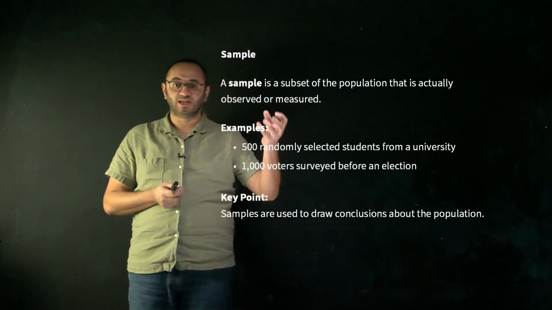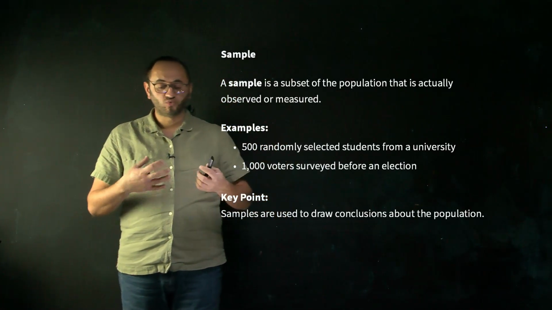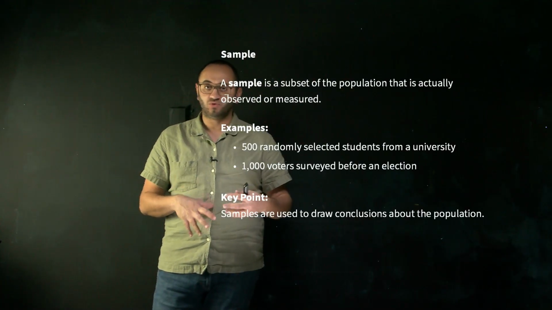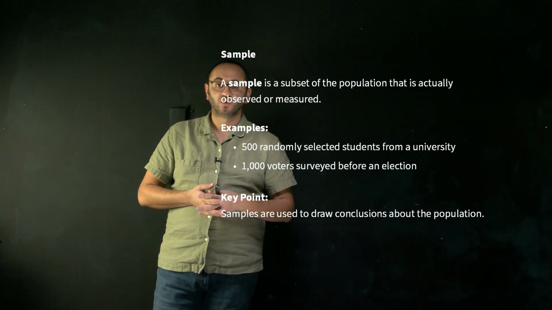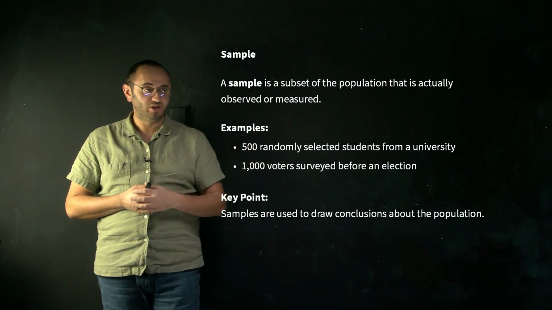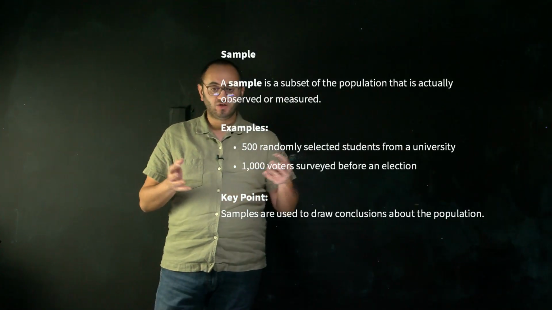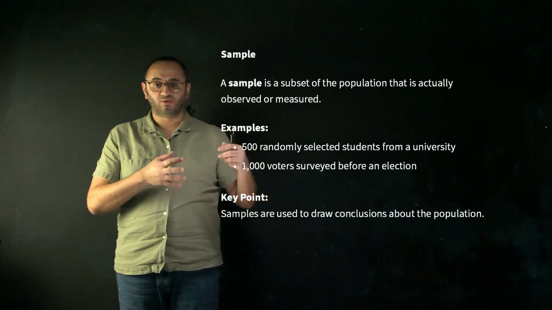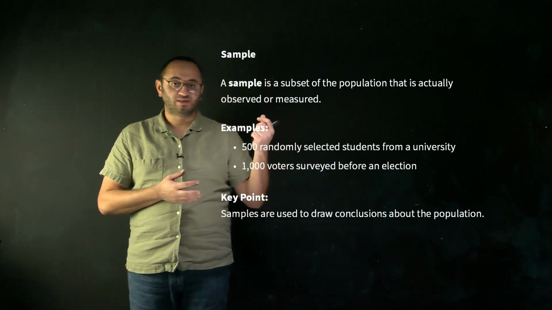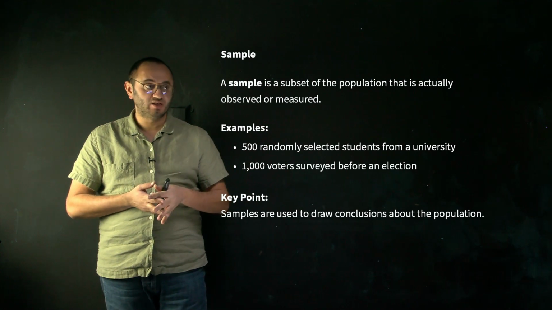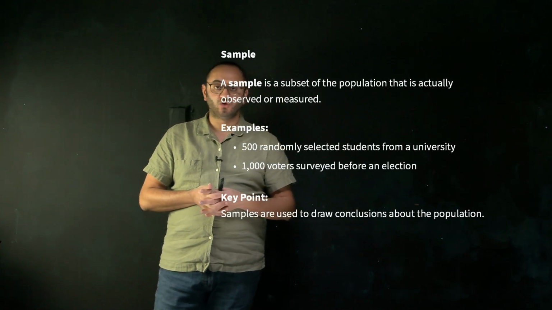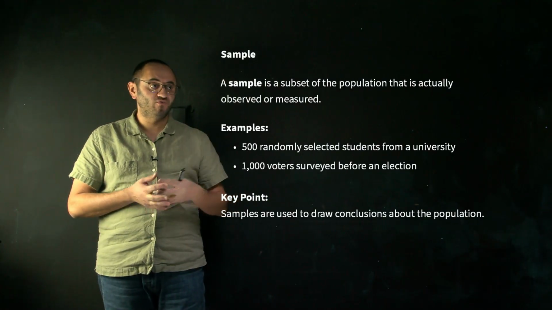So we take a sample from that population, and we are going to learn some sampling techniques or sampling methods in the next meeting, because there are some ways to collect a sample from that population. Instead of the entire voters, maybe we can take a sample of 1,000 voters before the election. So those are examples of sample.